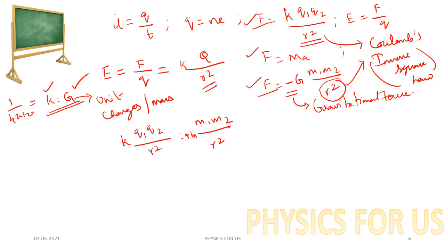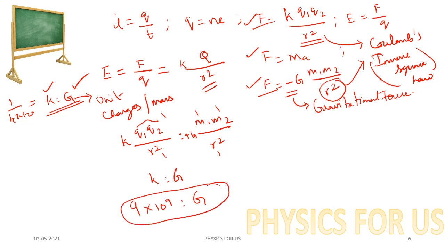Here, for the time being, we don't want to confuse it with the negative sign, so Q1 and Q2 are both 1. Now to find K to G, we know K is 9 into 10 power 9, and G has some constant value, and you have to just substitute the value. You can find the ratio between K and G.